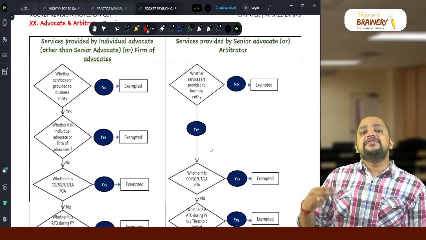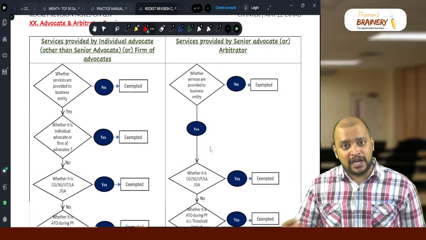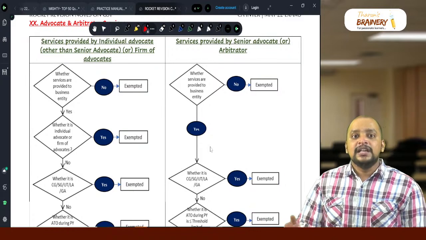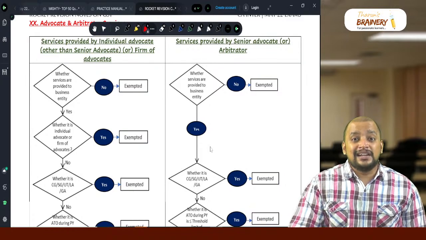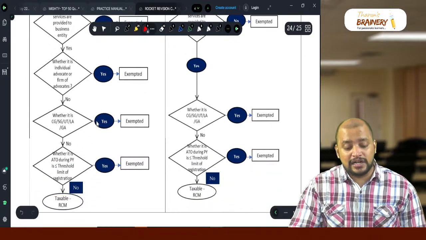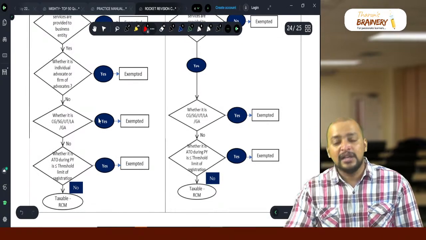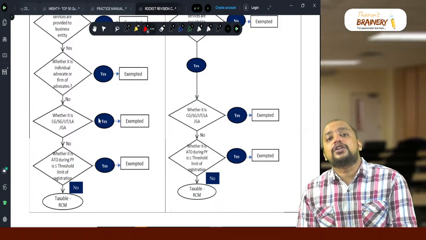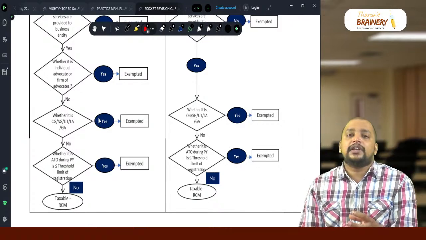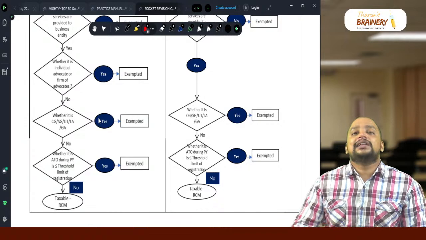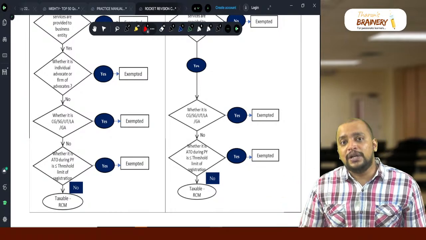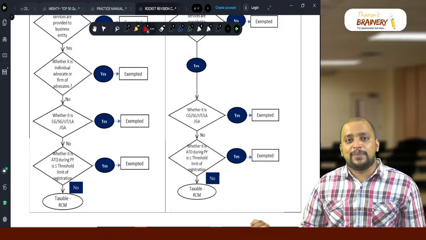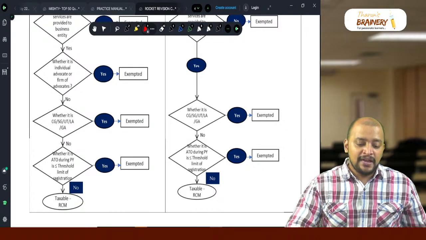Number 2, services provided to another individual advocate or firm of advocates exempted. Number 3, services provided to central government, state government, local authority, government agency exempted. Number 4, services provided to a business entity whose turnover during the previous year does not exceed the threshold limit exempted. In other cases, it will be taxable, and who will pay GST? Business entity will pay GST under RCM.